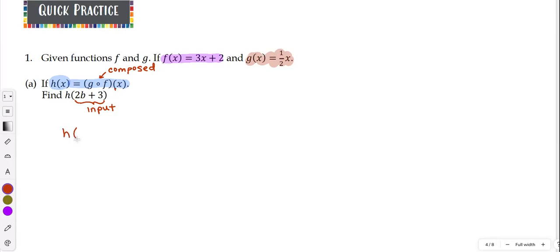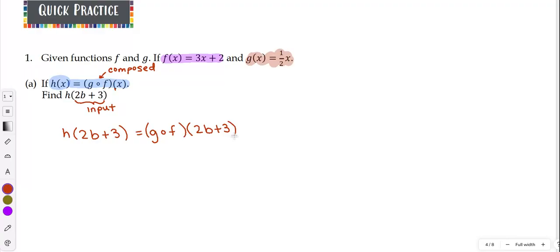So with the composition, I'm going to set it up first in terms of function h. If I take this function h, input 2b plus 3 into the function, its rule would be g composed of f, but my input is 2b plus 3.